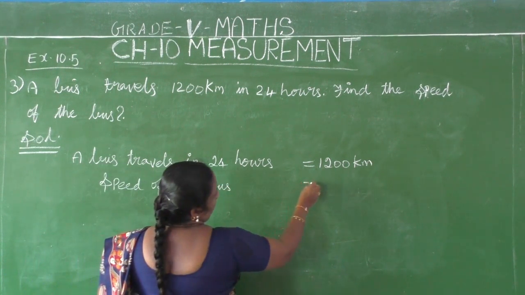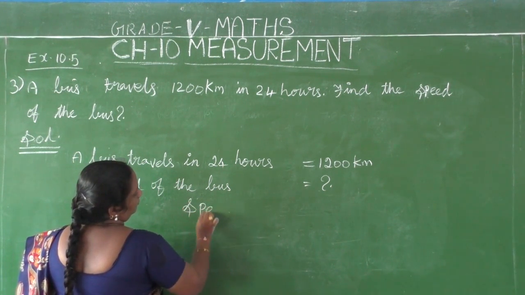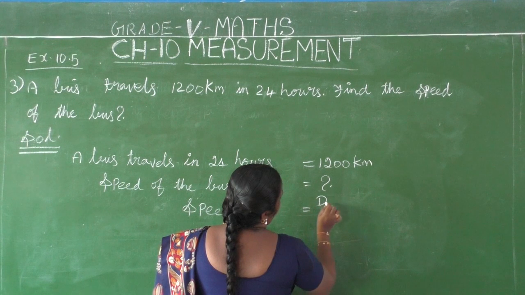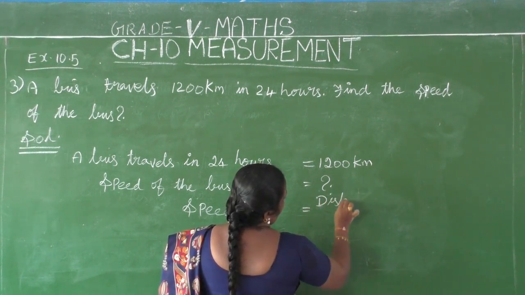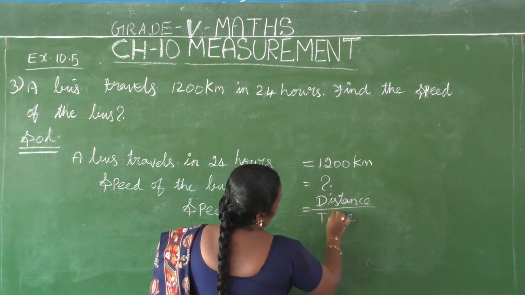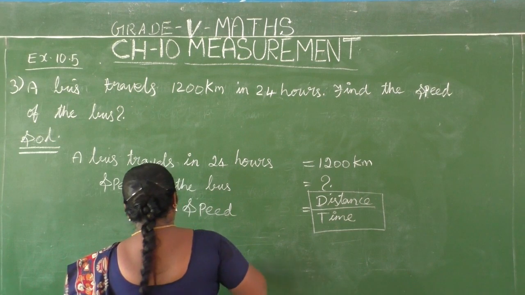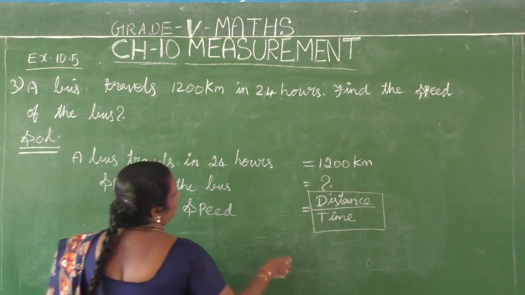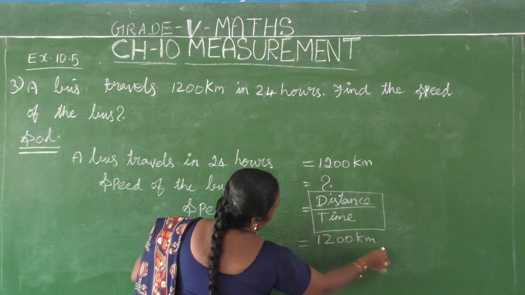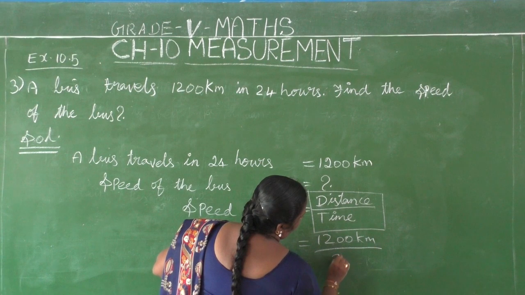Speed of the bus we don't know. So we have to write the speed formula. So what is the speed formula? Distance by time. Okay, what is the distance they gave? 1200 kilometer. By time, what they gave? 24 hours.